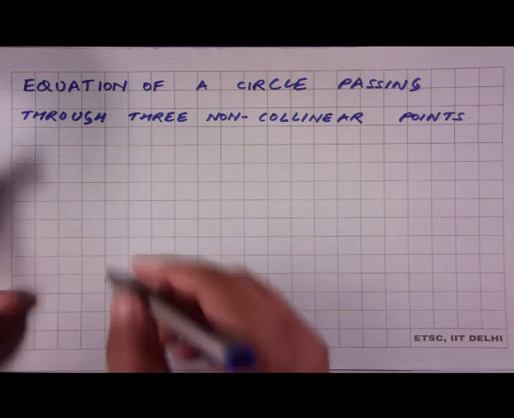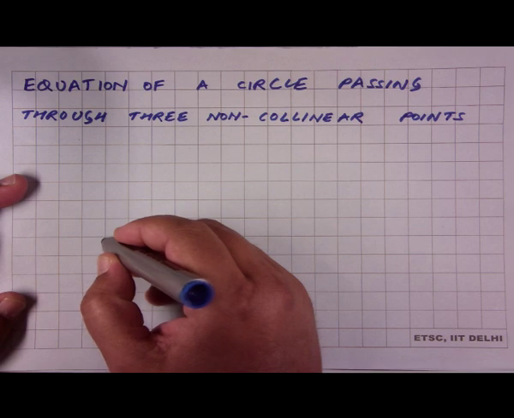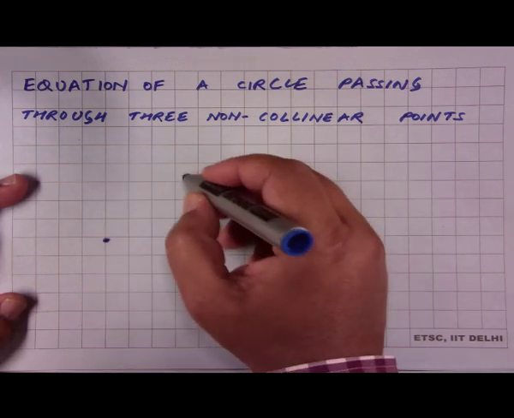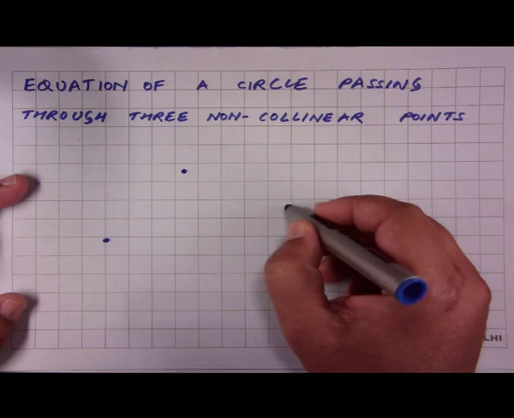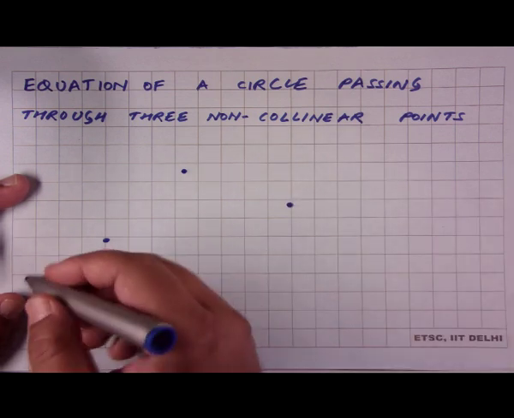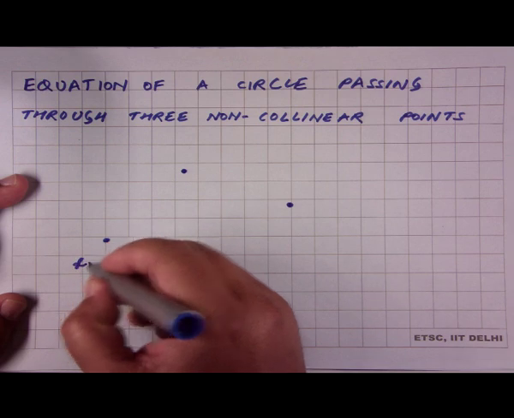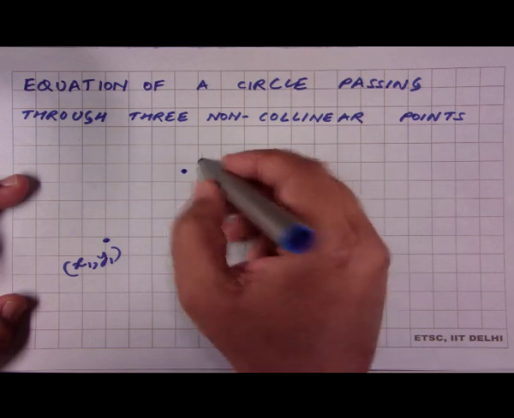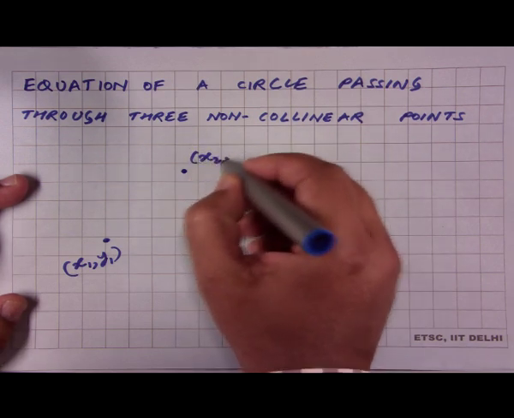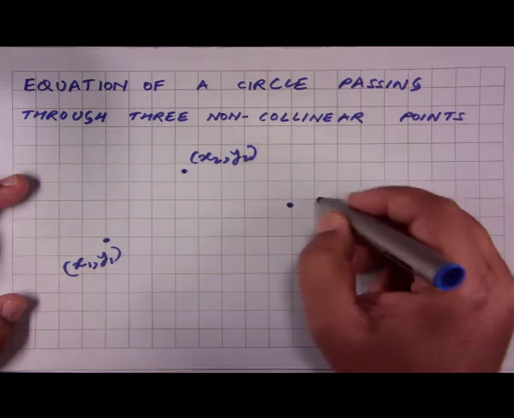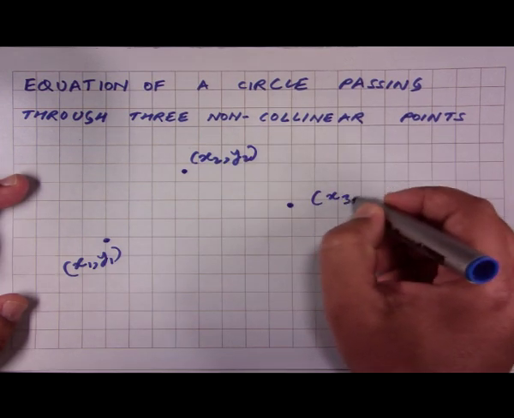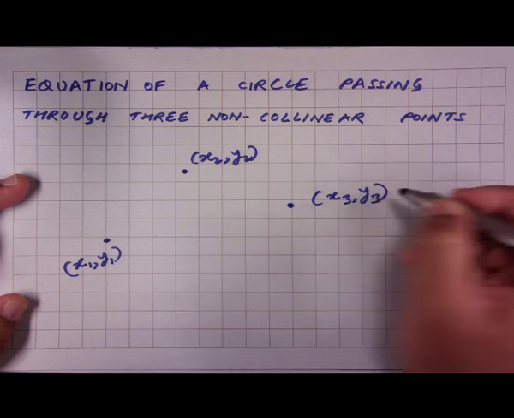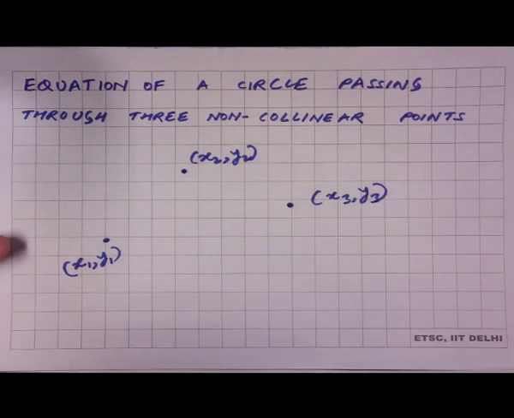So, let us say that we have these 3 points. The coordinates are x1, y1, x2, y2 and x3, y3.